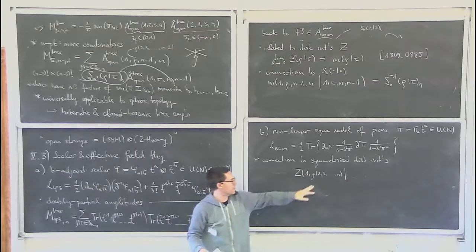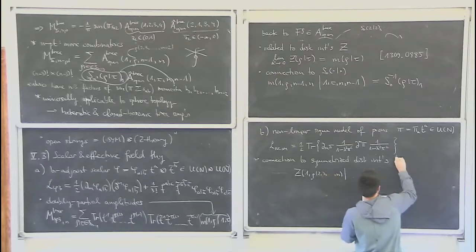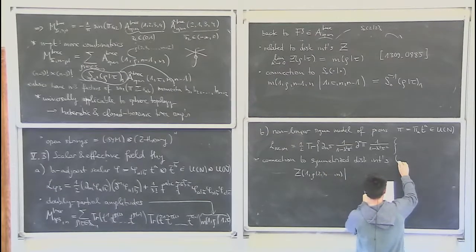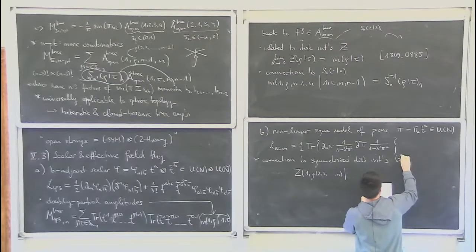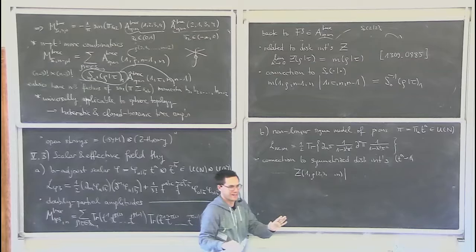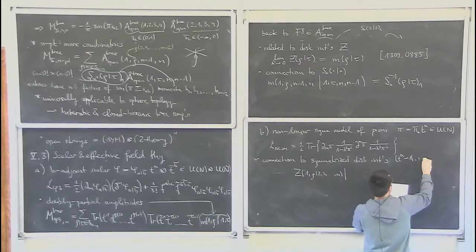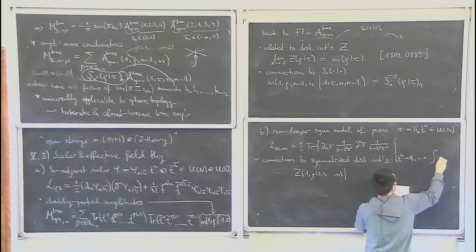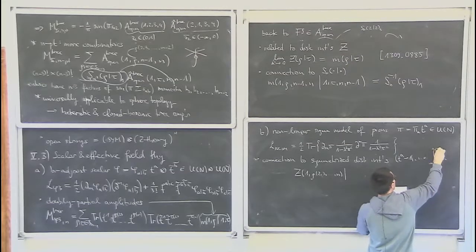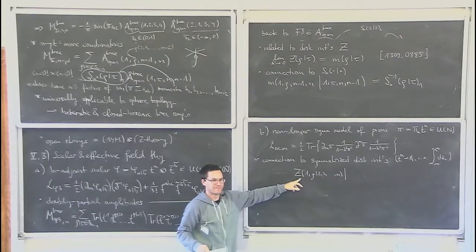If you look at these as being embedded in an open string tree amplitude, what you effectively do is send all the Chan-Paton factors to be the unit matrix. So you are scattering photons in open string theory. Or another way of putting it is that all of your disk punctures are independently integrated from minus infinity to plus infinity. So this is what that object computes.